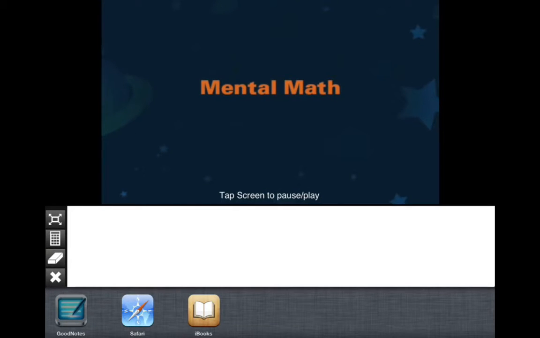Go ahead and go to your GoodNotes, and let's write down the commutative property of multiplication. Hopefully you already have it, but I'll go ahead and write it as well. This just says A times B equals B times A. Okay, that means you can change the order and not change the product.